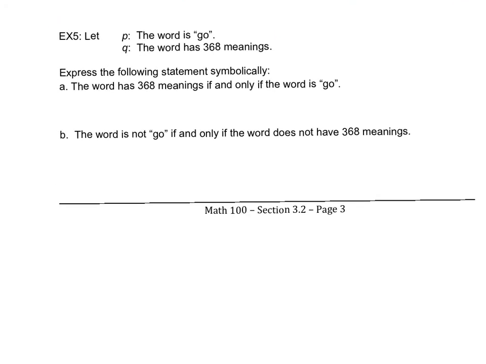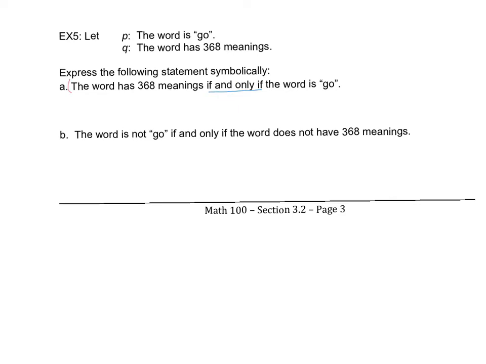Let's do some examples. Example 5. P, the word is go. Q, the word has 368 meanings. We're going to express the following statement symbolically: the word has 368 meanings if and only if the word is go. My connective is if and only if.